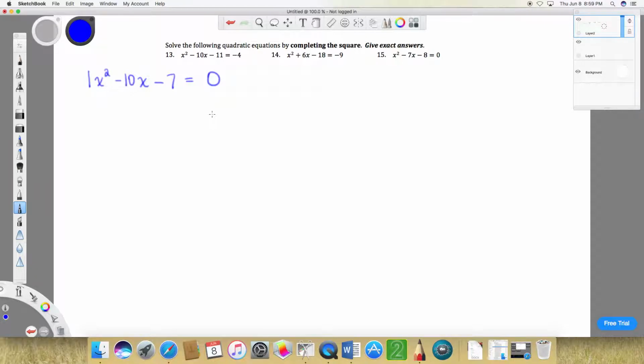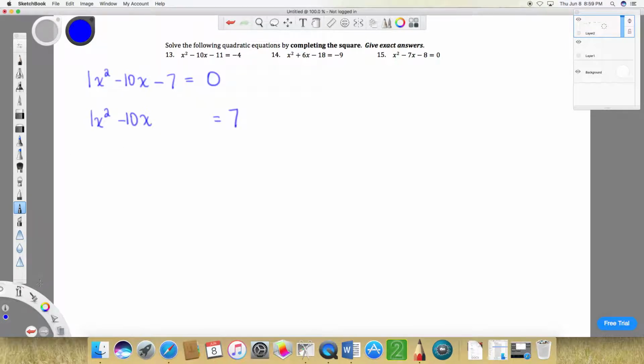Now, I'm actually going to now add 7 to each side because this value for C is not what I want in order to complete the square. I need to take half of -10 and then square it. So I'm going to move this term out of my way for just a moment.